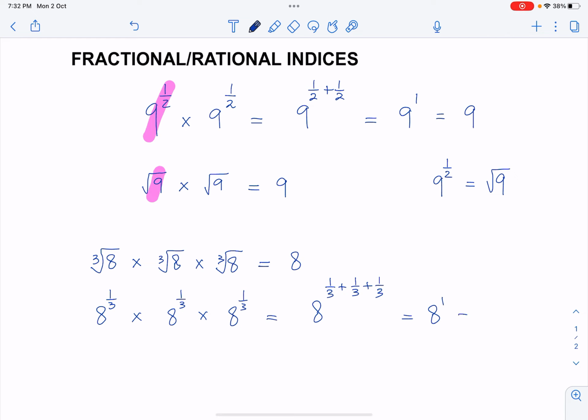So here the answer is 8. Obviously now we also see that these two expressions mean exactly the same thing. So the power 1/3, this fractional power, just means the third root or cube root of 8.